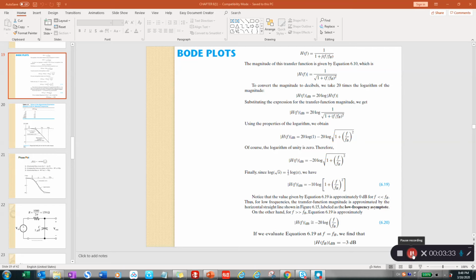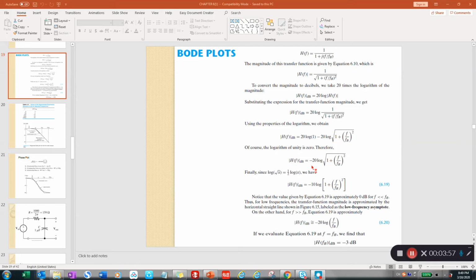Now let's look at the other side. What if f is much higher than fb? Let's say f divided by fb equal to 10. Then we know that if we square 10, it will be 100. Then this one can be ignored. Then this square root of 100 will be 10.